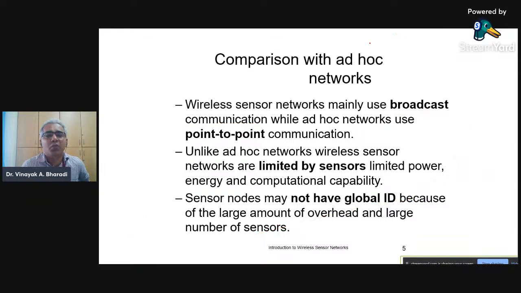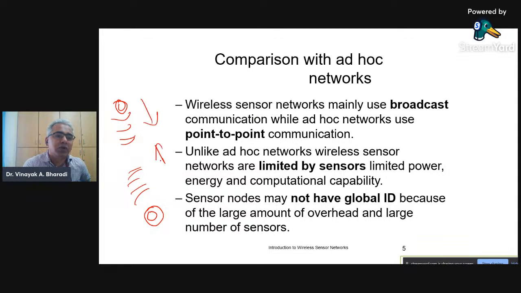In mobile ad hoc networks, if two devices or sensors are there, they have a powerful communication system like a walkie talkie, and they have that point to point communication. When they move in and out, their point to point communication mechanism keeps working, and that is why ad hoc networks function, and their topology and protocols are used in that network.